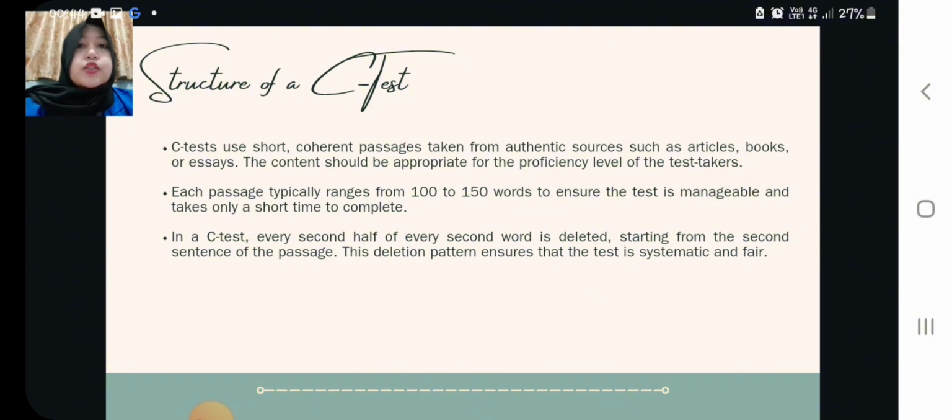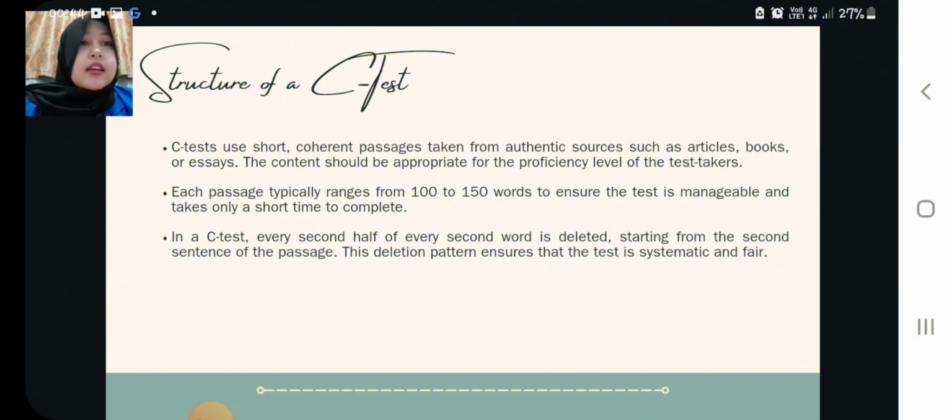And next is the structure of a C-test. C-tests use short, coherent passages from authentic sources such as articles, books, or essays. The context should be appropriate for the proficiency level of the test takers.